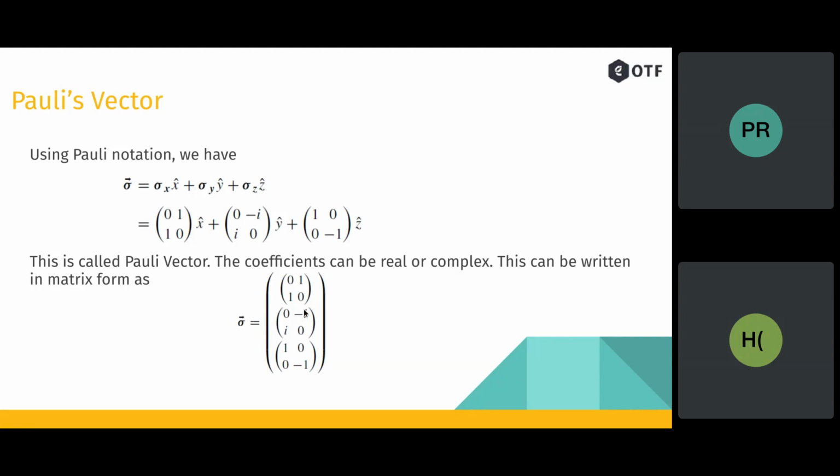So you have got 0, 1, 1, 0 Pauli matrix for x, 0, minus i, i, 0 Pauli matrix for y, and 1, 0, 0, minus 1 Pauli matrix for z. So we are in fact changing the Pauli matrix to a Pauli vector with n as the vector. So they are interchangeable. In this case, we call this the Pauli vector. Previously, we called it the Pauli matrix.